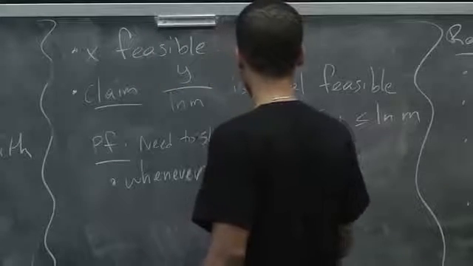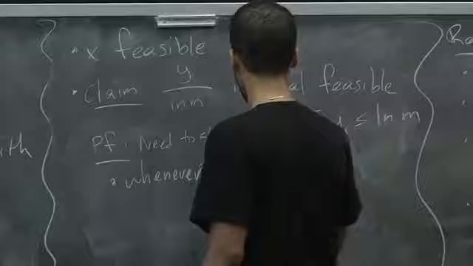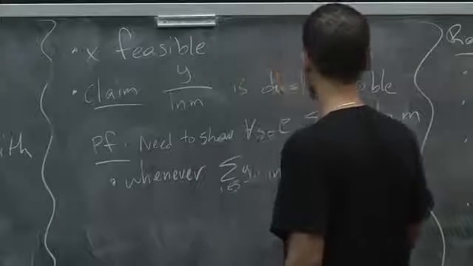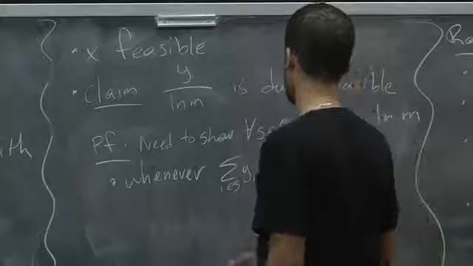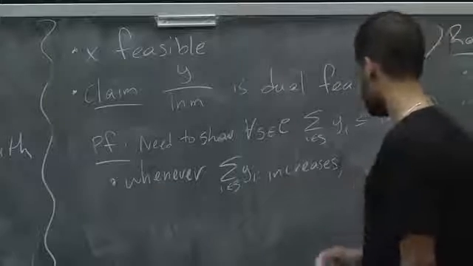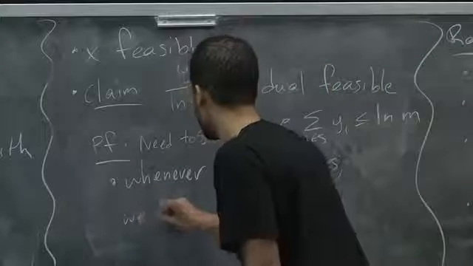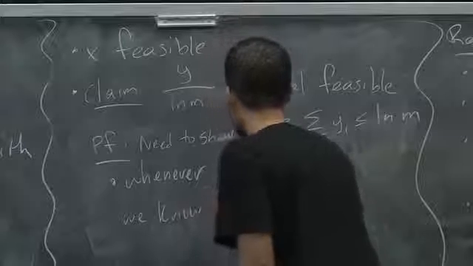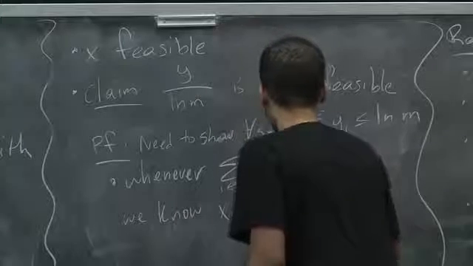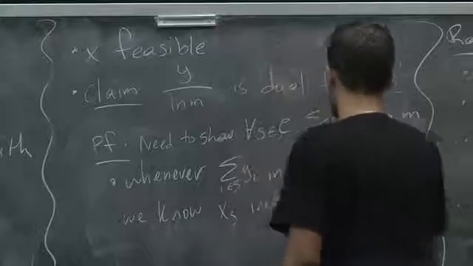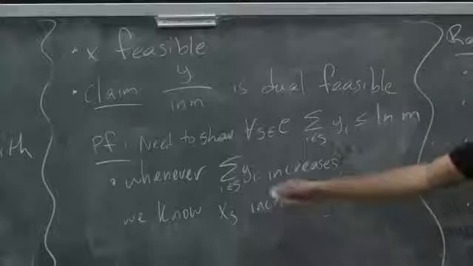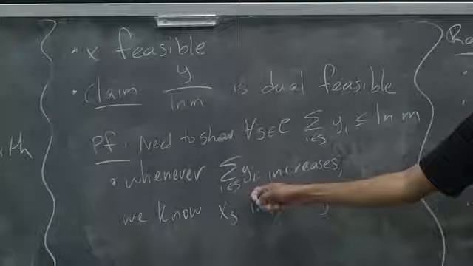Whenever the sum of yi over i in S increases, we know xs is increasing. And this is increasing at a rate of exactly 1 at every time step.